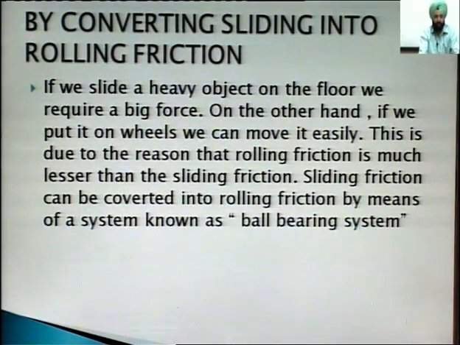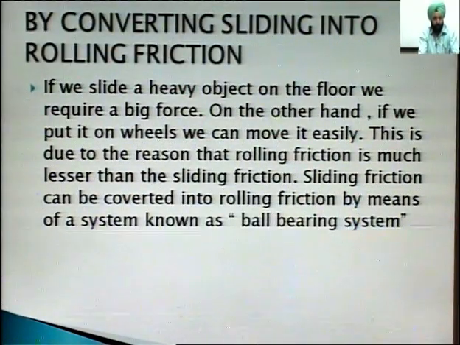easily. You must have seen in our daily life that most of the bigger blocks are taken from one place to the other by putting some rollers under those big blocks, because when we put the roller under that body, our sliding will convert to rolling.